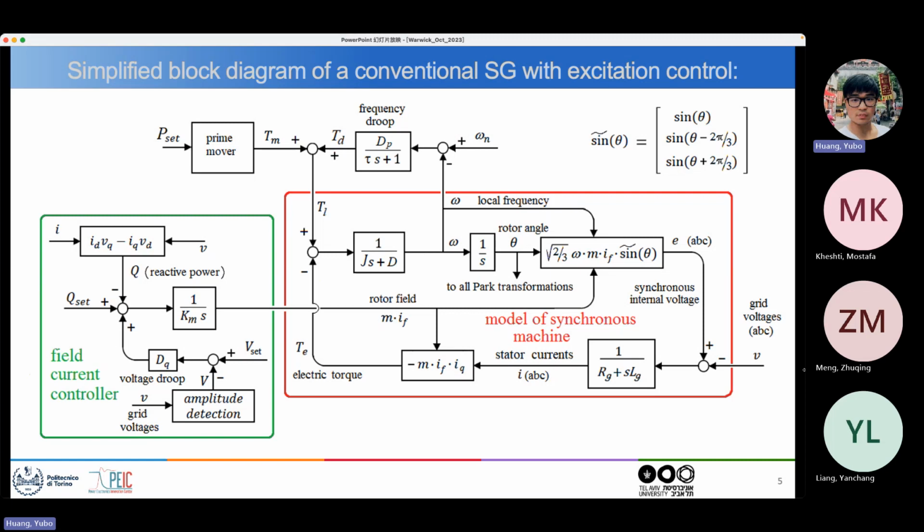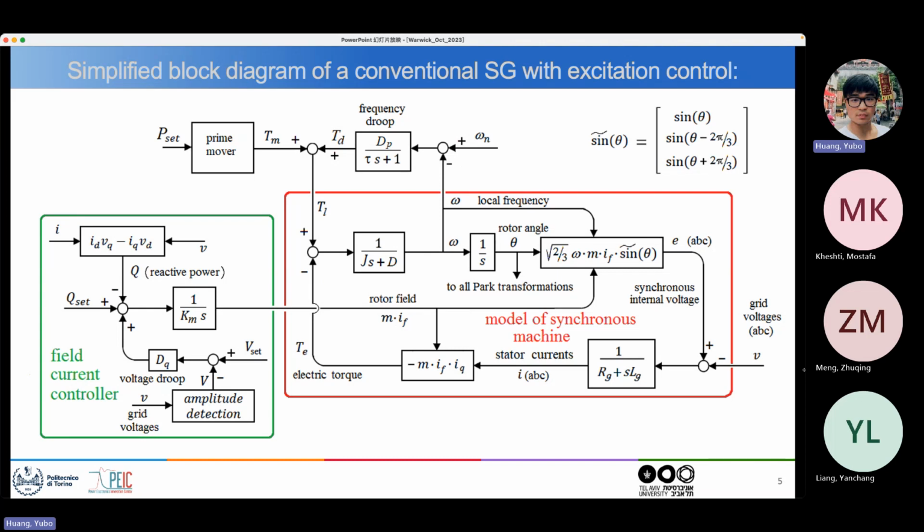So the stator impedance is Rg plus sLg. It's actually a bit more complicated because you have coupling effects between the three windings, but these coupling effects can be reduced to an equivalent Rg and Lg, so that this formula is actually correct as written. It includes the coupling effect. And then you get the stator currents.